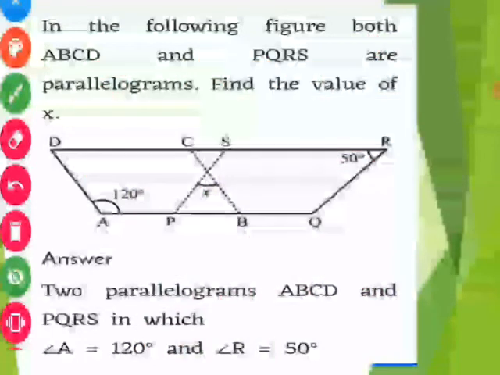Find out the sum of these both. 110 degree plus X is equal to 180 degree, and the value of X will be 180 degree minus 110 degree. So this way we have calculated the value of X equals 70 degree. So this way we can do this question.